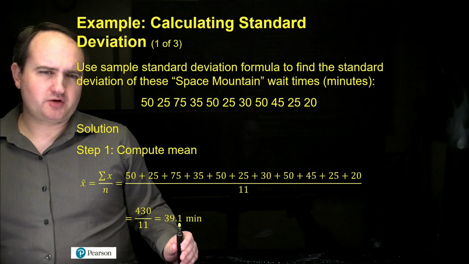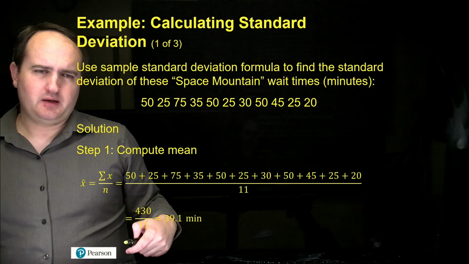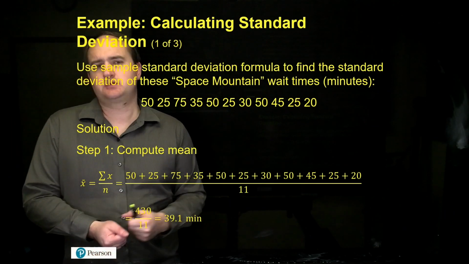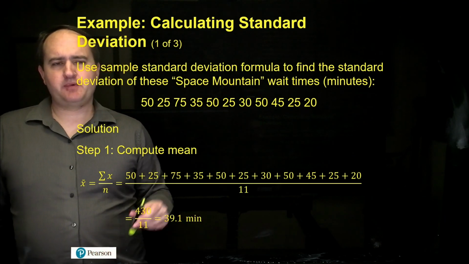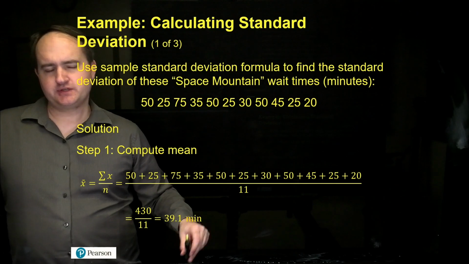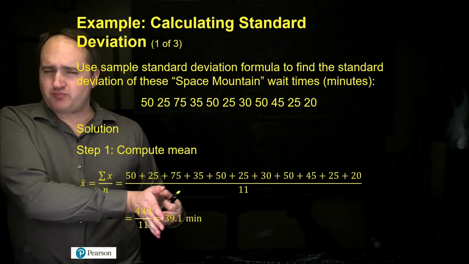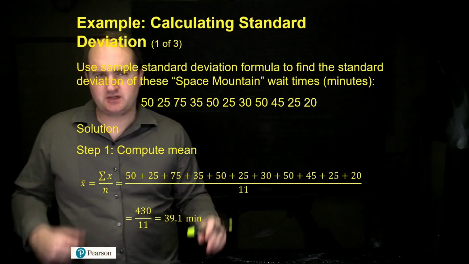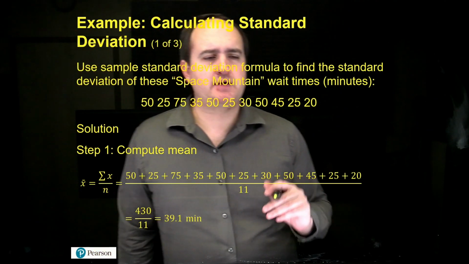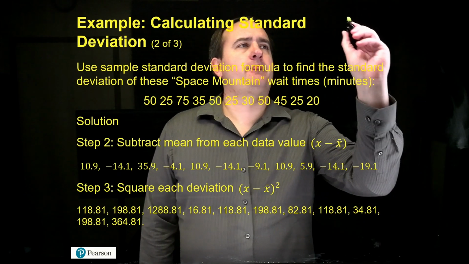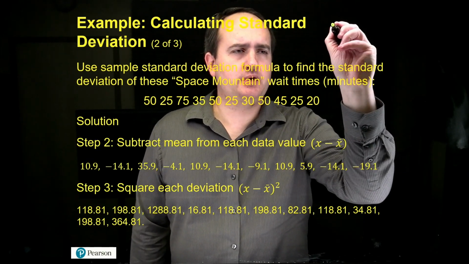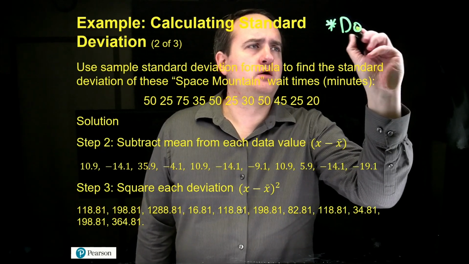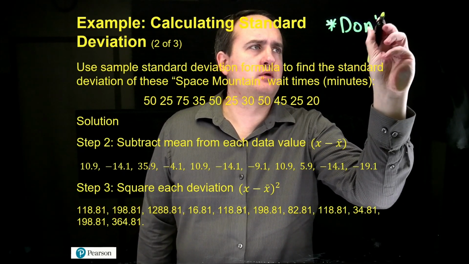Instead of writing 39.1, if it had more digits, you should probably just go ahead and write them and not round until the end. But that's just generally a good strategy. So I'm just going to write that up here: don't round.